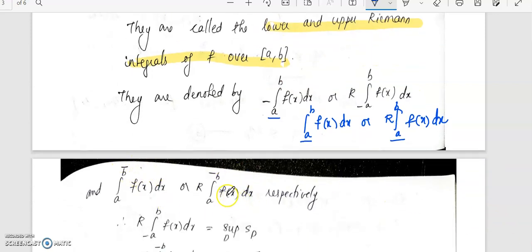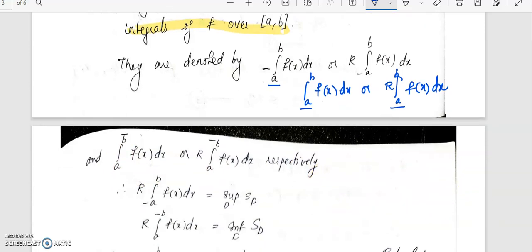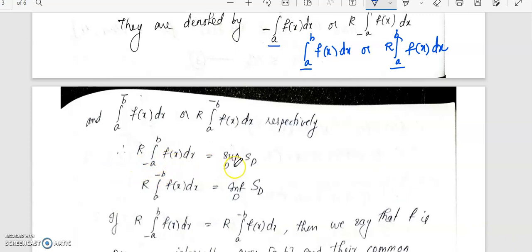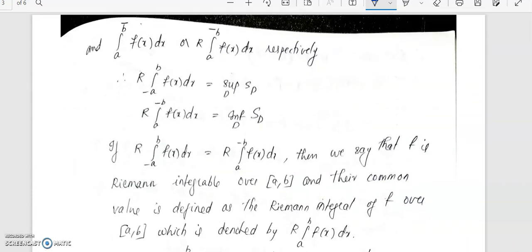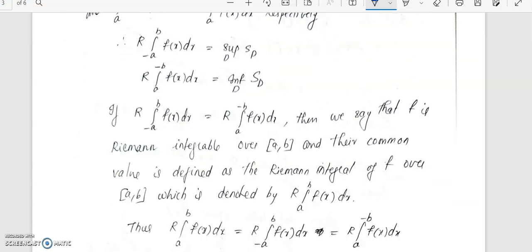Similarly, when the dash comes above, that will represent the upper Riemann integral. So the lower Riemann integral will be supremum over d small s D, and the upper Riemann integral will be infimum over d capital S D. So provided these two integrals, the lower Riemann integral and the upper Riemann integral, are equal, we say that the function is Riemann integrable over closed interval a b, and the common value is called the Riemann integral.